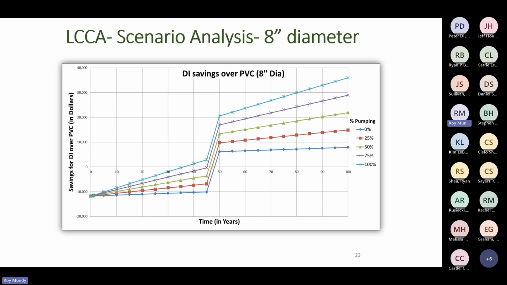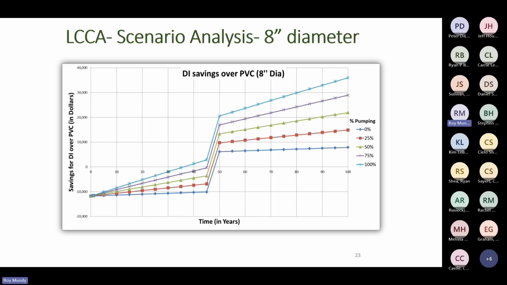Looking first at the life cycle cost analysis, they developed graphical information in terms of basically the savings that were evident with ductile iron pipe over that PVC pipe throughout a 100-year period.